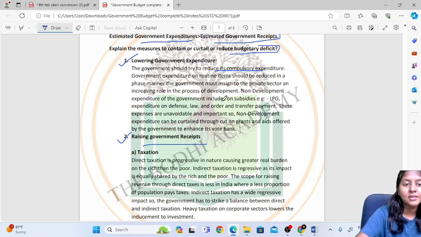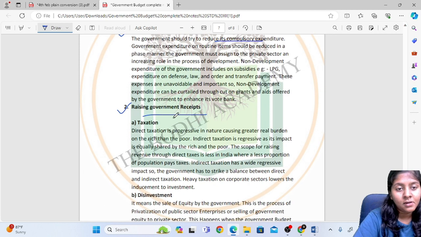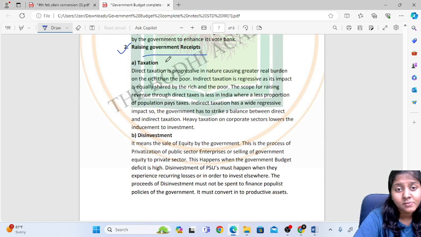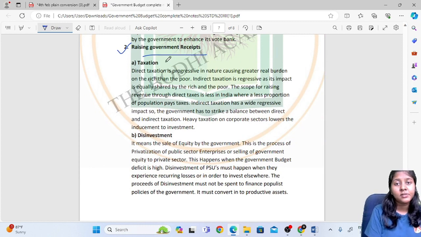The next thing is they can raise the receipts like taxation. Direct taxation is progressive in nature, which causes a greater real burden on the rich than the poor. Indirect taxation is regressive as its impact is equally shared by the rich and poor.